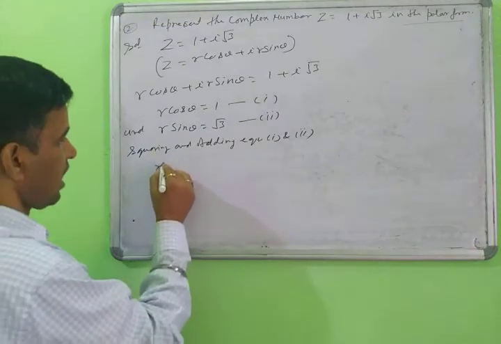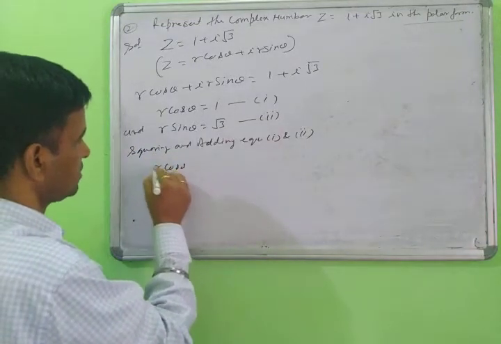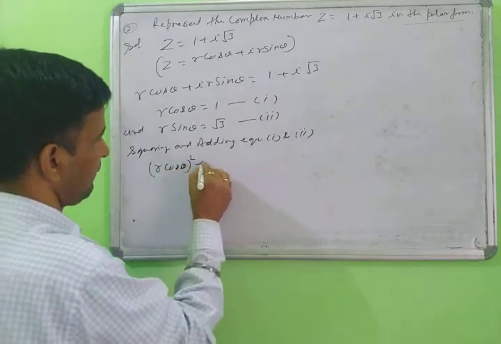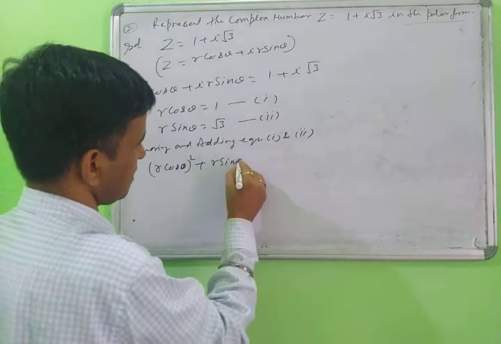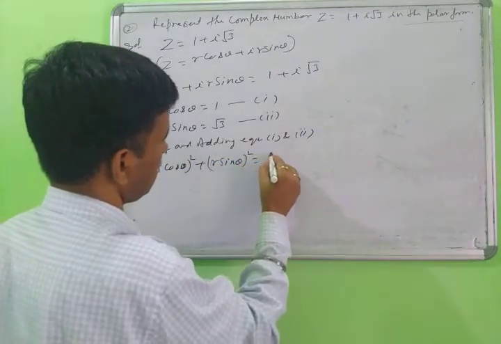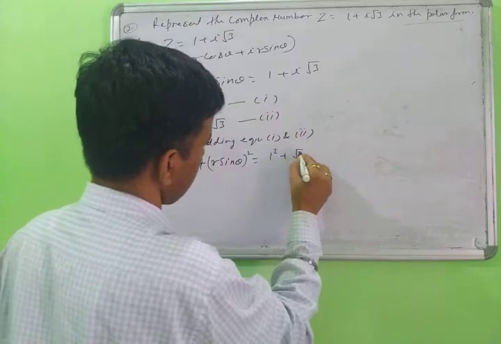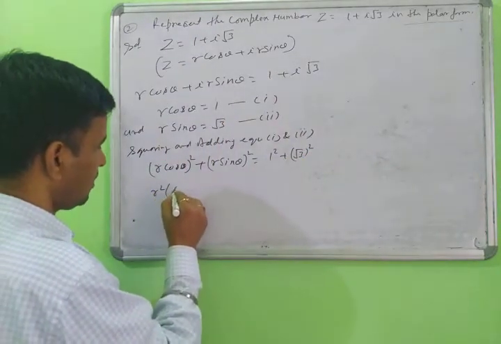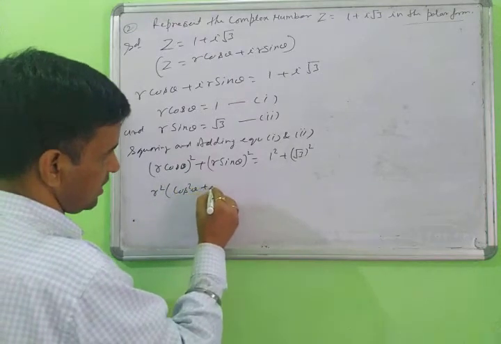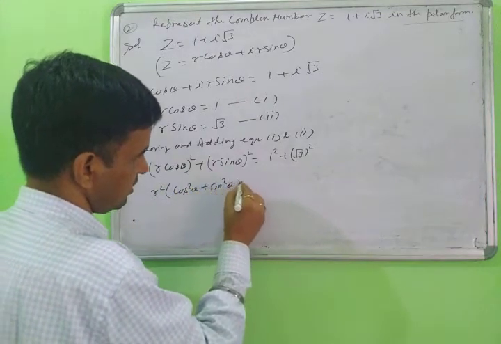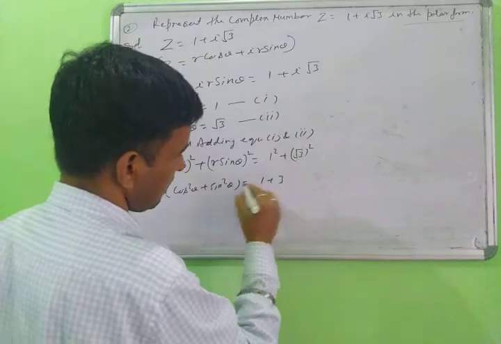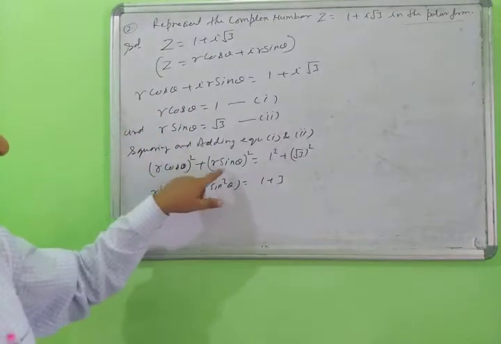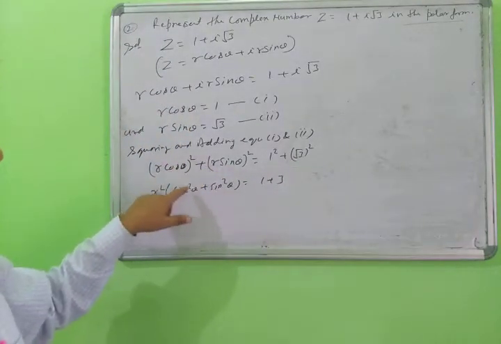First equation r cos theta square plus r sin theta square equals 1 square plus root 3 square. Taking r square common, cos square theta plus sin square theta equal to 1 plus 3.